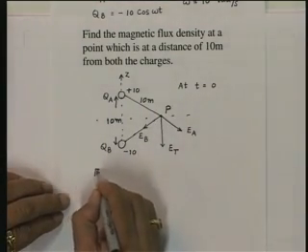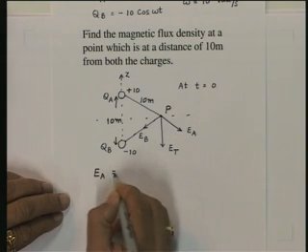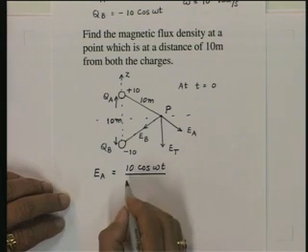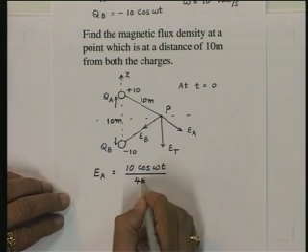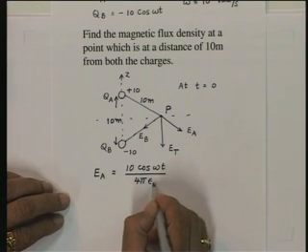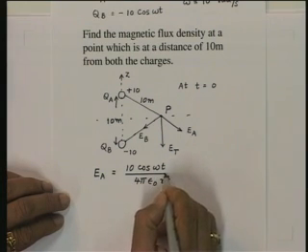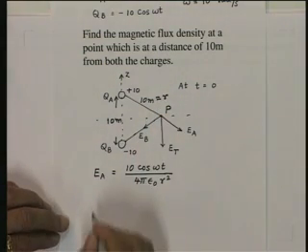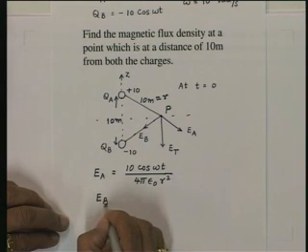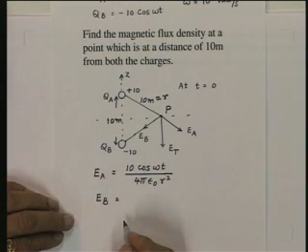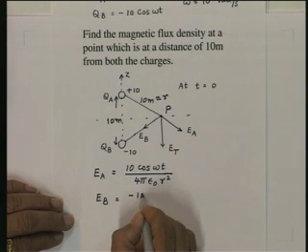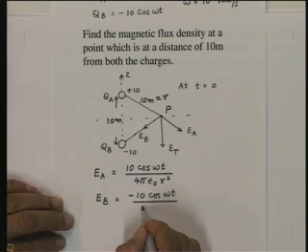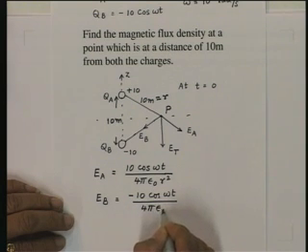So, then we have the electric field EA, which is equal to 10 cos omega t divided by 4 pi epsilon 0 r square, where r in this case is 10 meters. Similarly, we can find the electric field due to charge B, and that will be equal to minus 10 cos omega t divided by 4 pi epsilon 0 r square.